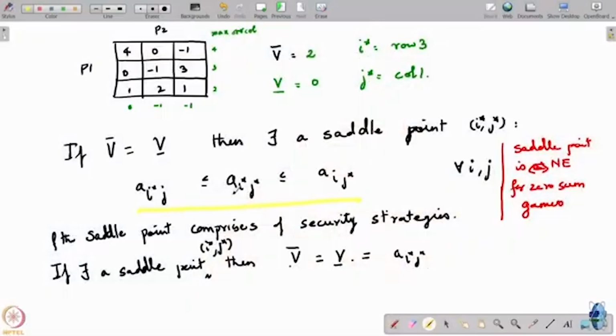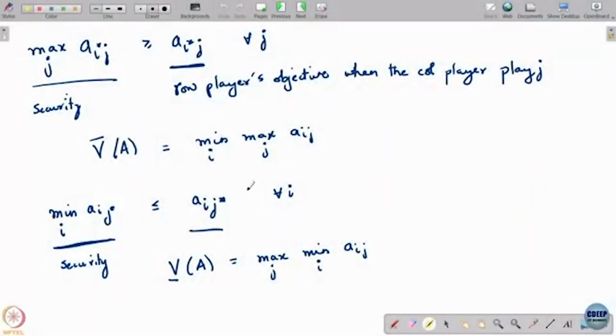So the saddle point requires you to define the pair I star j star. Security strategies did not require you to concern yourself with what the other player is going to play. Security strategy was just defined in this way, the min over the I star that minimizes the max over j of aij, and the j star that maximizes the min over I of aij.